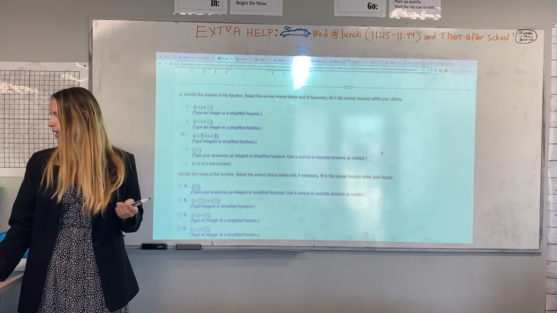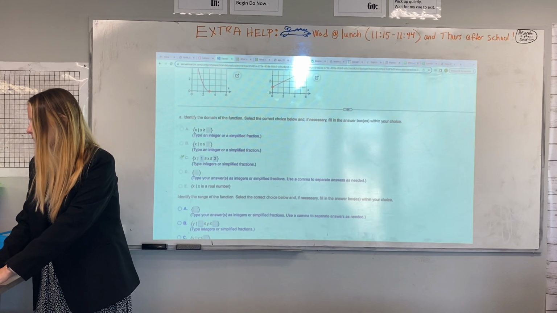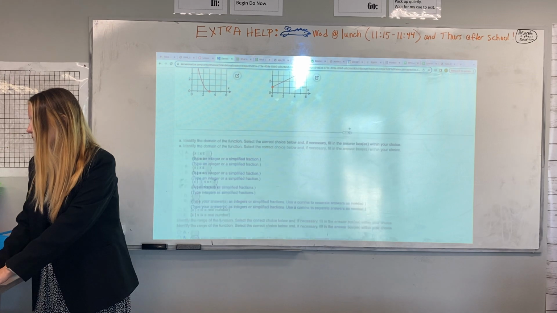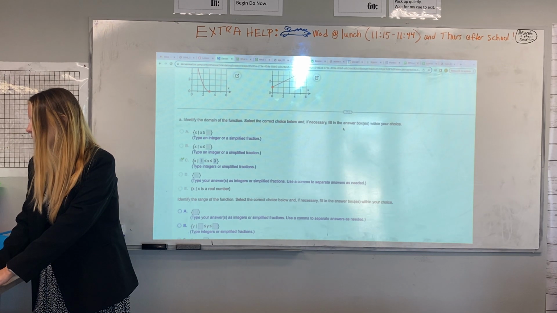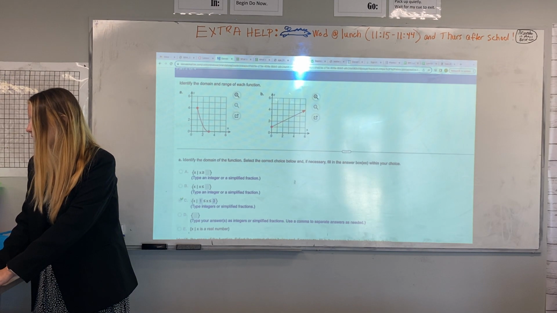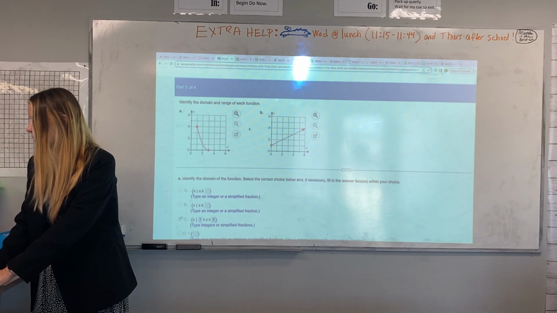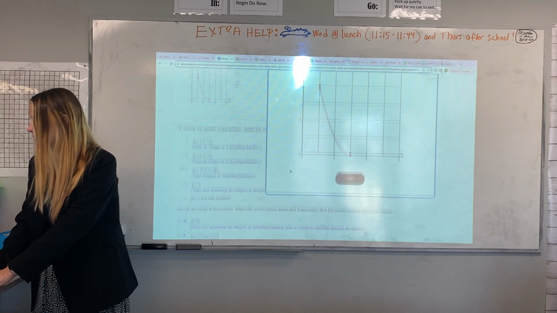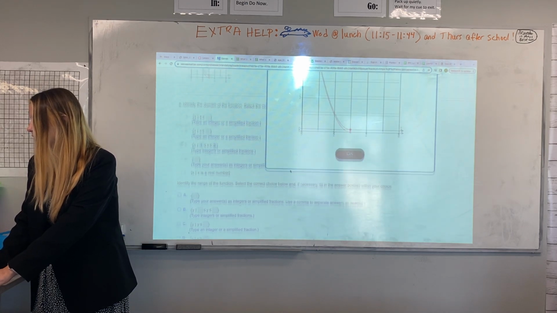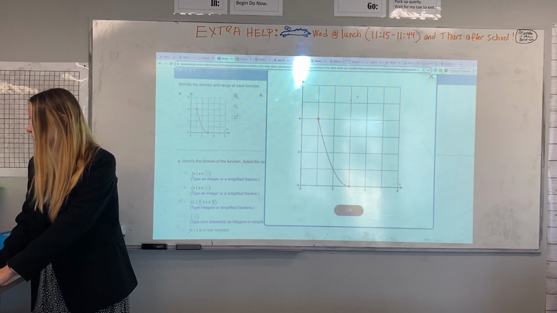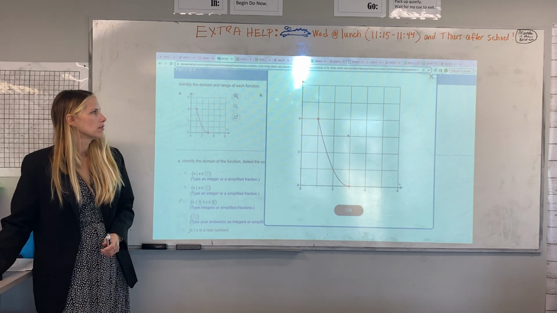Very good. So let me see if I can bring this down a little bit. No, it just makes it bigger. That didn't help at all. I can make them bigger. You can make the graphs bigger. Okay, maybe I pop this out. Okay, that's cool. That didn't really help though. You can hit the plus magnifying button.